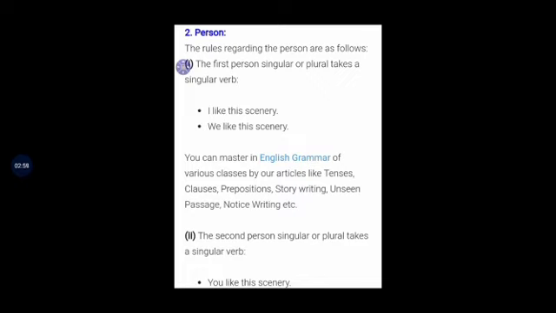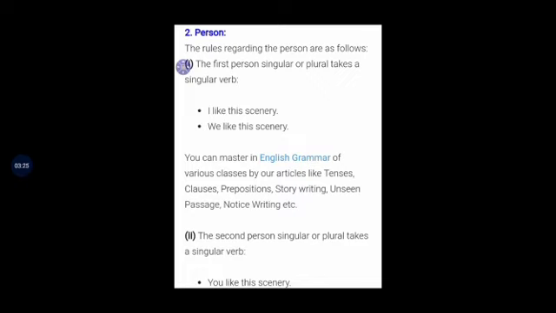The first person is the person who is speaking. First person might be singular or it might be plural.